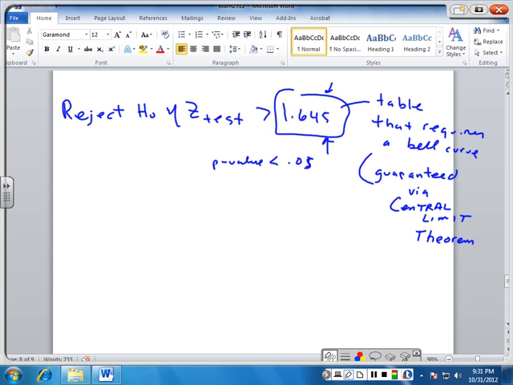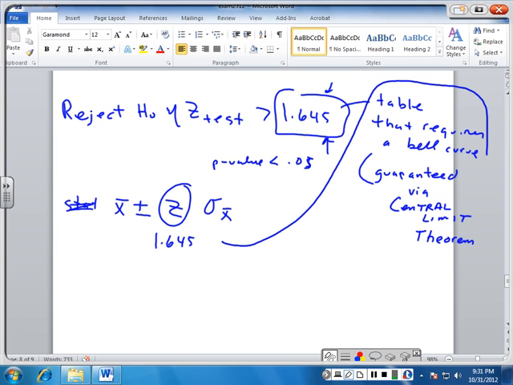For confidence intervals, we're going to have statistic, now let's make this x bar, plus or minus z times standard error. Well, the z value here might be a 1.645 or a 1.96. That also came from a table that requires a bell curve, and that's guaranteed by the central limit theorem.